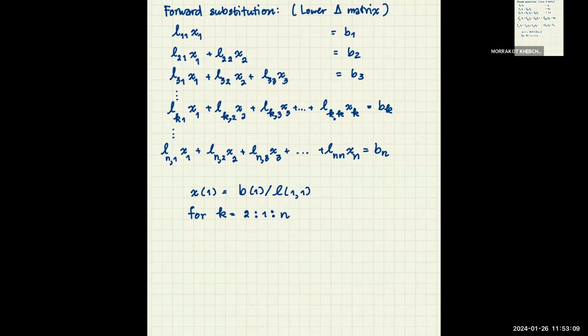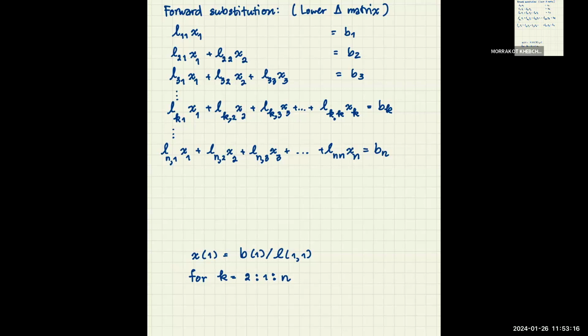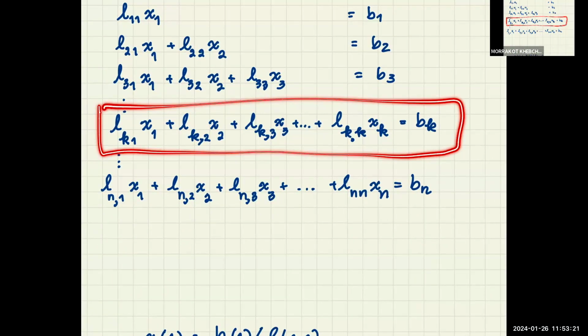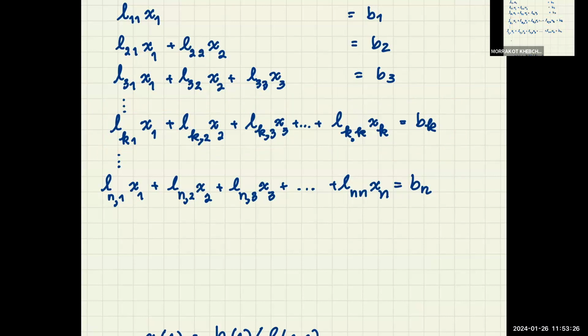Okay, before we go on, let me just write down the general form for the k equation. So you are going to have x sub k equal to what? It means that before you find out the last unknown xk, all this x1 you know, x2 you know, x3 you know, okay?